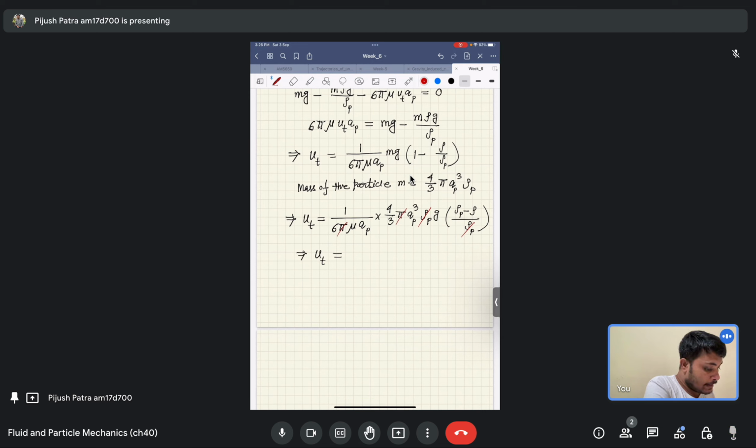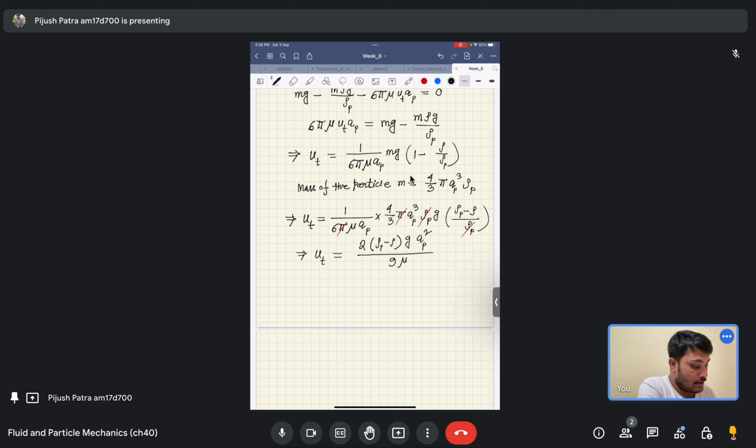So what I will have is 2 into rho p minus rho into g, I have ap square, divided by 9 mu. Is this the correct expression?